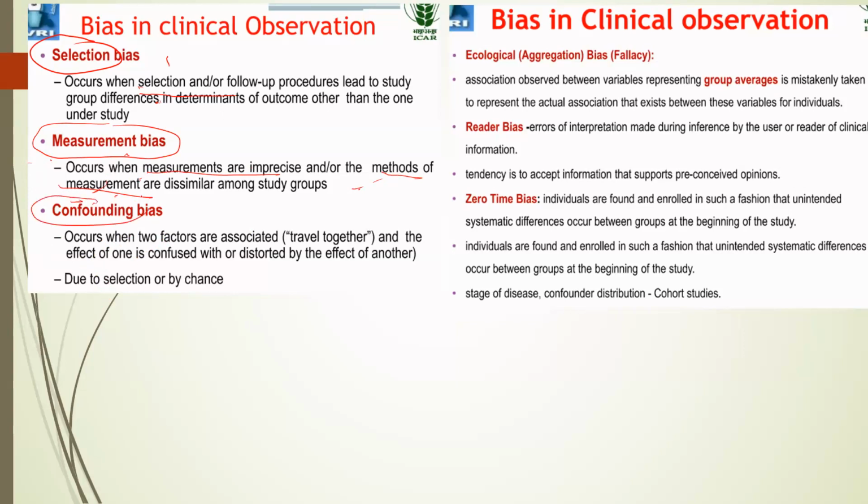Then what is confounding bias? Confounding bias is when two factors are associated and the effect of one is confused or distorted by another. So that is confounding bias. For example, you're studying the effect of a particular drug which is used in hypertension.